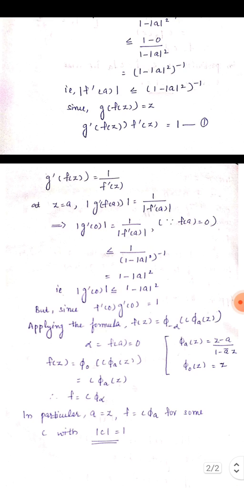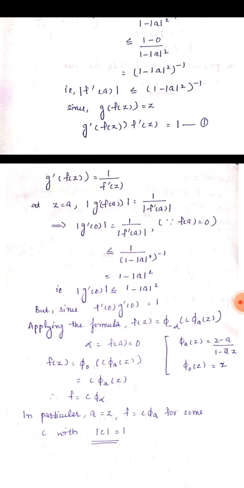So here we get mod g dash of 0 less than or equal to 1 by 1 minus mod a square inverse, which is equal to 1 minus mod a square. That is, we can write mod g dash of 0 less than or equal to 1 minus mod a square.